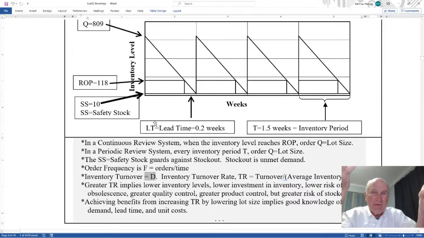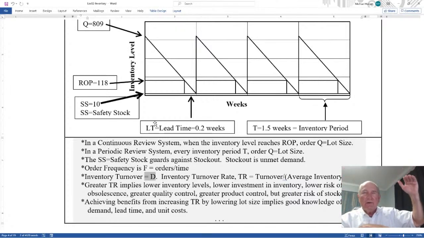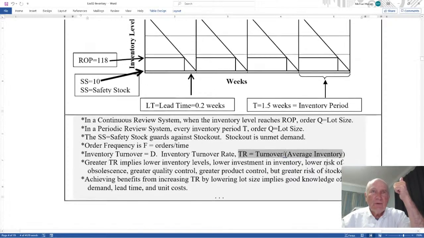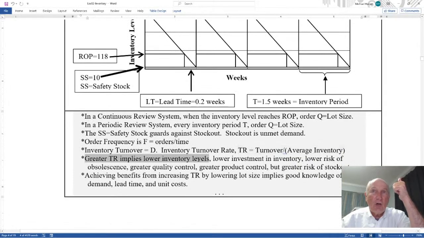That's your demand. You've got to meet that. How do you meet that? Do I order 200 at a time, 100 at a time, 50 at a time, 10 at a time? The demand's not going to change. If the lot size gets lower and lower, the denominator gets smaller, and your turnover rate goes up. So a greater turnover rate implies lower inventory levels because you're ordering less.